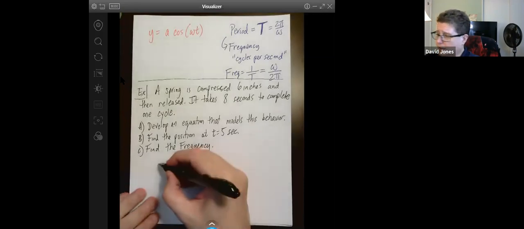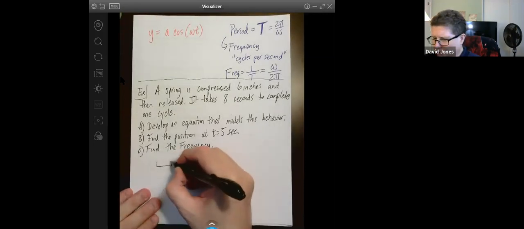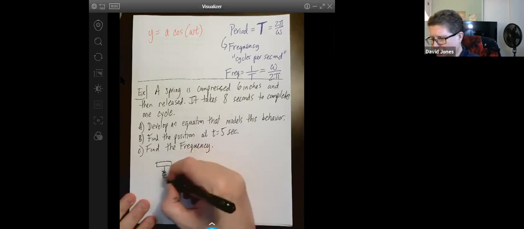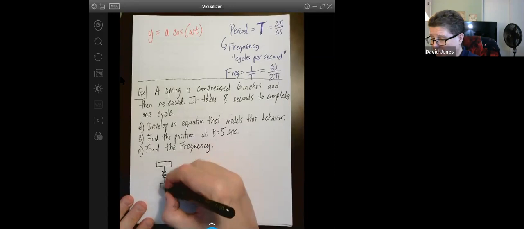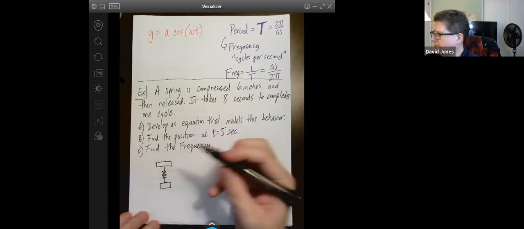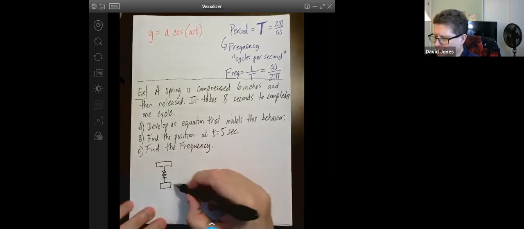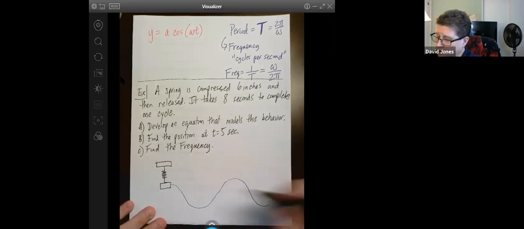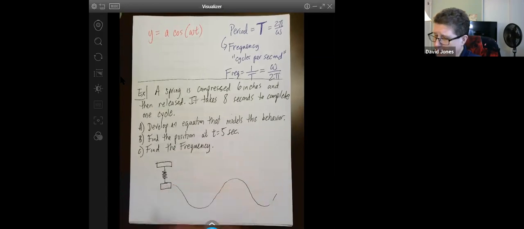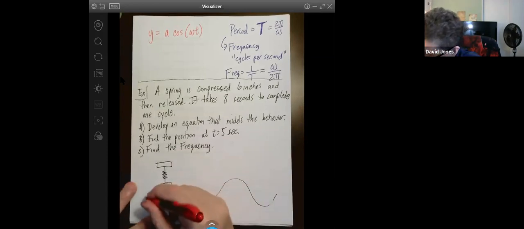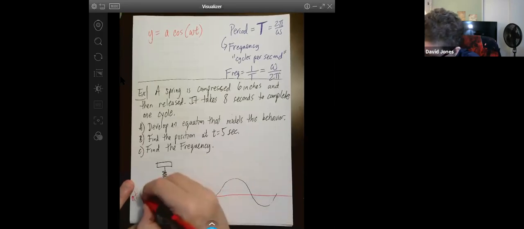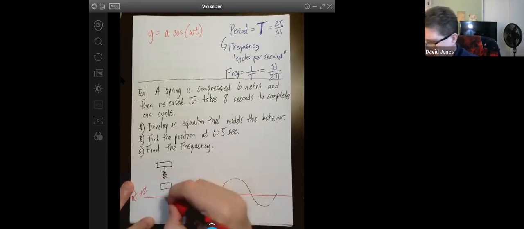Okay. So I'm going to do it vertically. We compress it so the spring gets pretty flat. And then as time goes on, it starts oscillating. So this is my baseline in the middle. At rest would be right in the middle. This will give me my t equals 0 mark where I compress it.